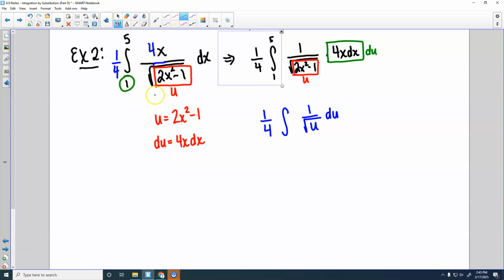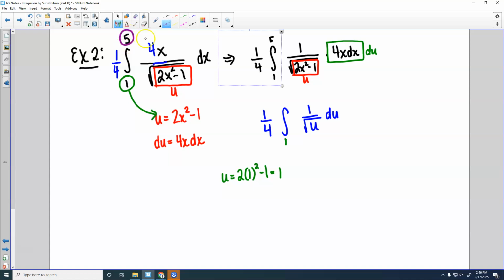So 1, we're going to plug it in. So u is going to equal 2 times 1 squared minus 1, which is a little bit odd here. What do we get whenever we plug in 1? We also get 1, right? So it looks like it did not change, but we did plug it in.